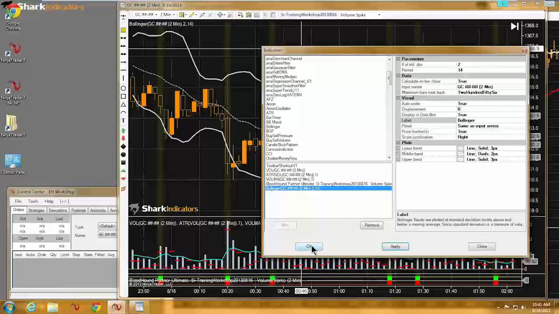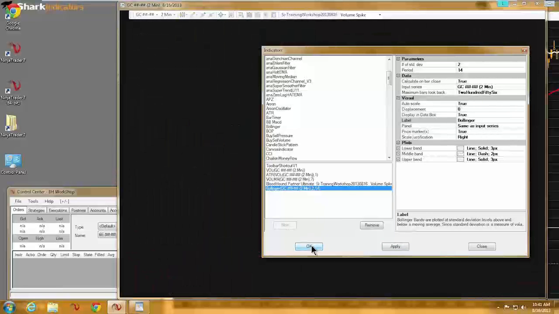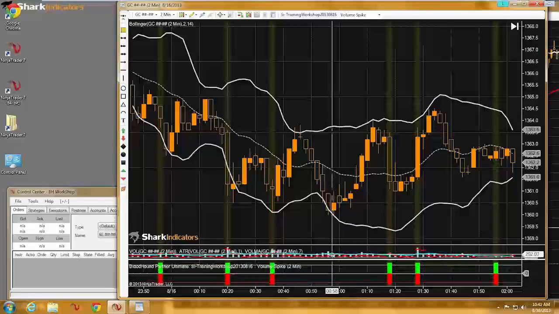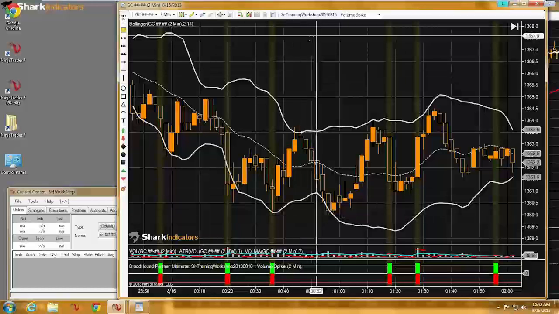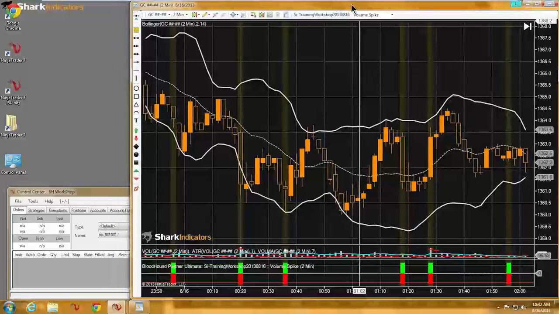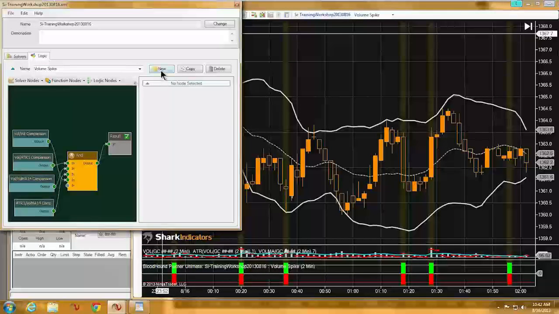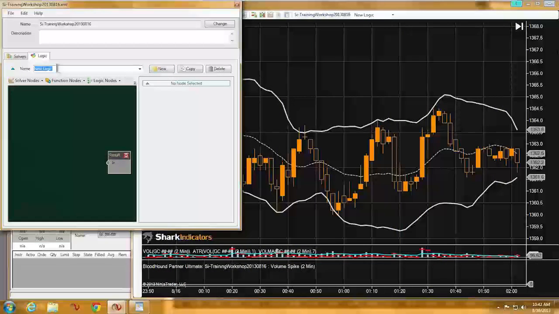There. Okay, great. I'm going to shrink that down. And so what I'm going to do is start a new logic board to work with this system here. So we'll call this the Bollinger band converge slash diverge.